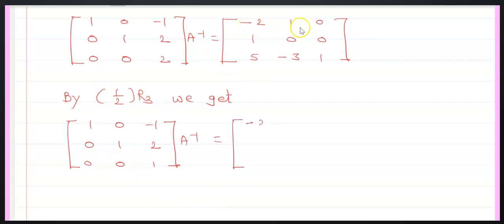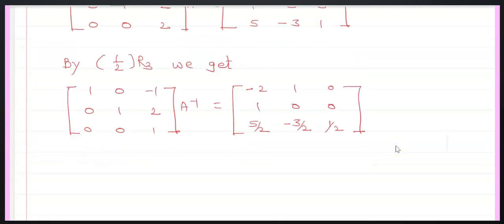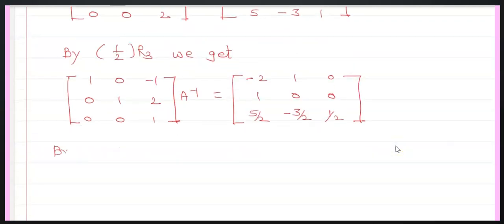Again, there is minus 2, 1, 0, 1, 0, 0, 5 by 2, minus 3 by 2, 1 upon 2. Therefore, by R1 plus R2, R3, then you will get, and R2 minus 2 times R1.